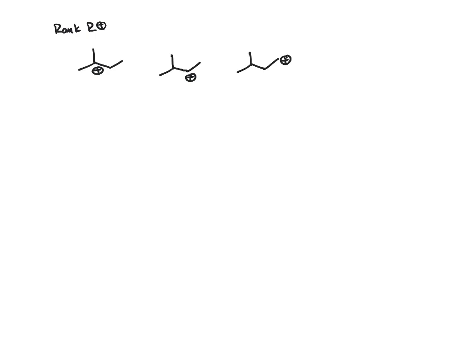Rank the 3 carbocations shown in terms of increasing stability. So if we want them ranked in increasing stability, what would the order be?